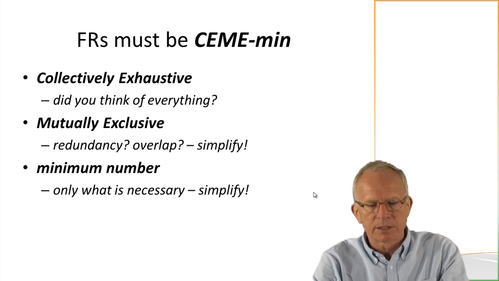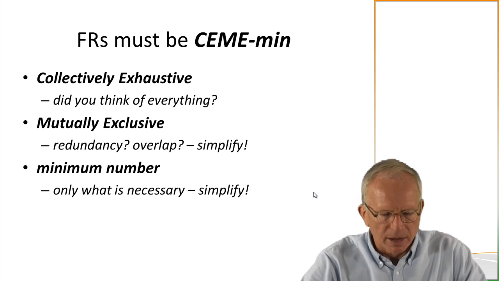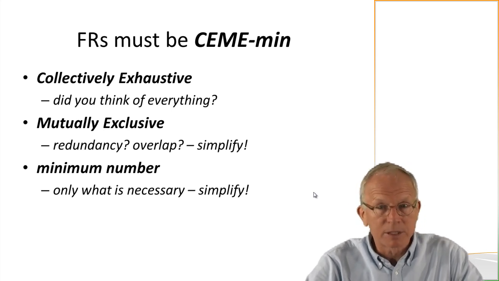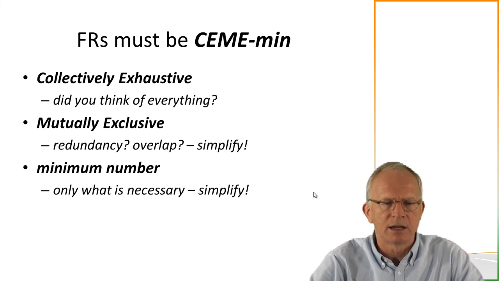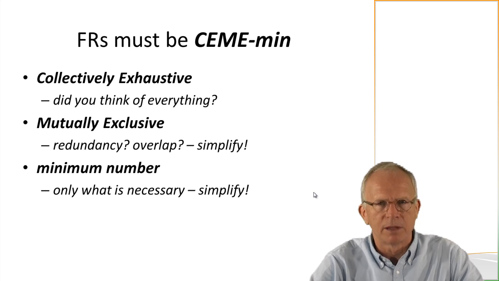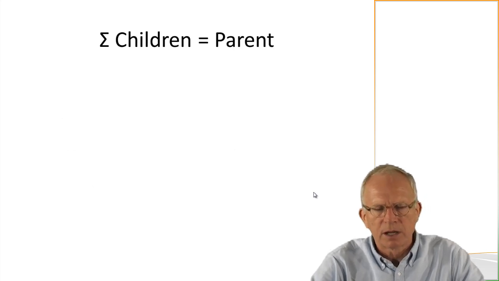Only what is necessary. Simplify. There are no points for coming up with a design that is even better than intended. Let's go back to your intents and intend the right thing that satisfies the market, and then develop the FRs on that.